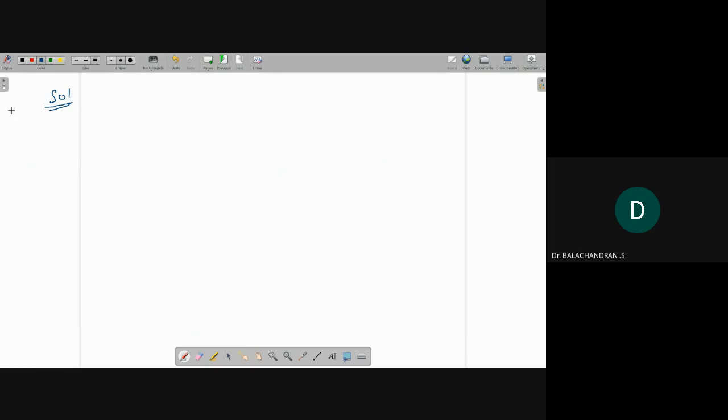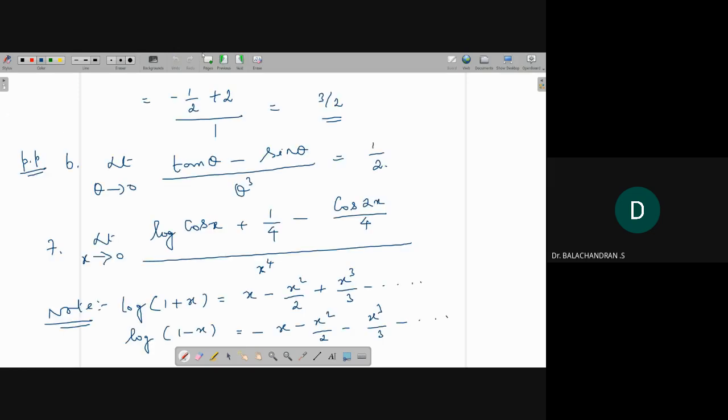So what is the numerator? Log of cos x. First you should write the expansion of cos x and cos 2x. That is the first step.